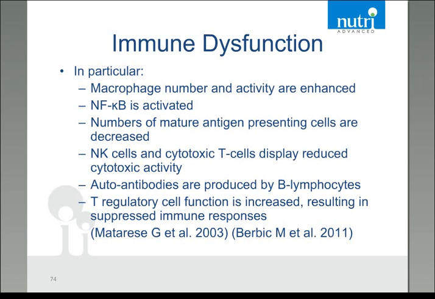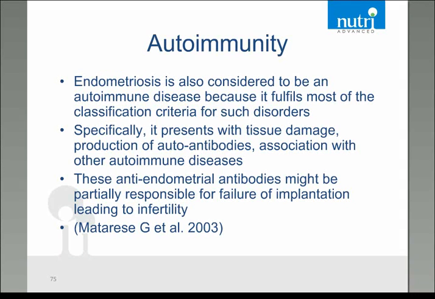In particular, macrophage numbers and activity are enhanced, NF-kappa B is activated, numbers of mature antigen-presenting cells are decreased, natural killer cells and cytotoxic T cells display reduced cytotoxic activity, autoantibodies are produced by B lymphocytes, and T regulatory cell function is increased, resulting in suppression of immune responses.